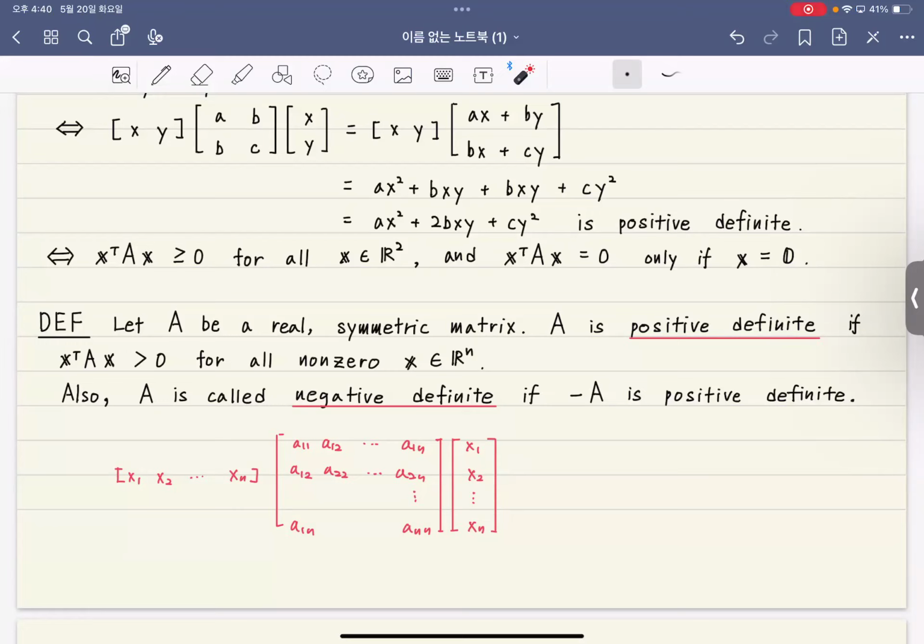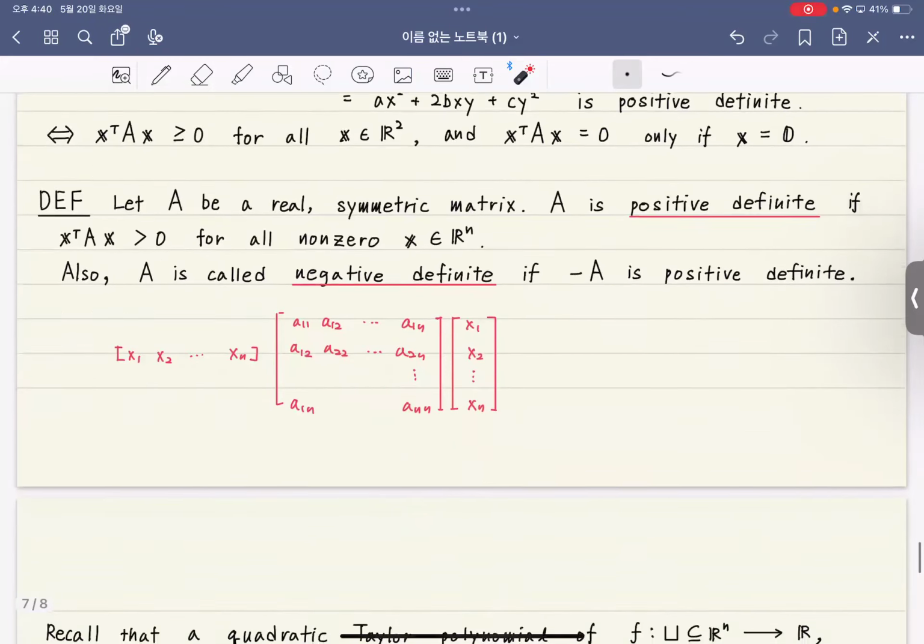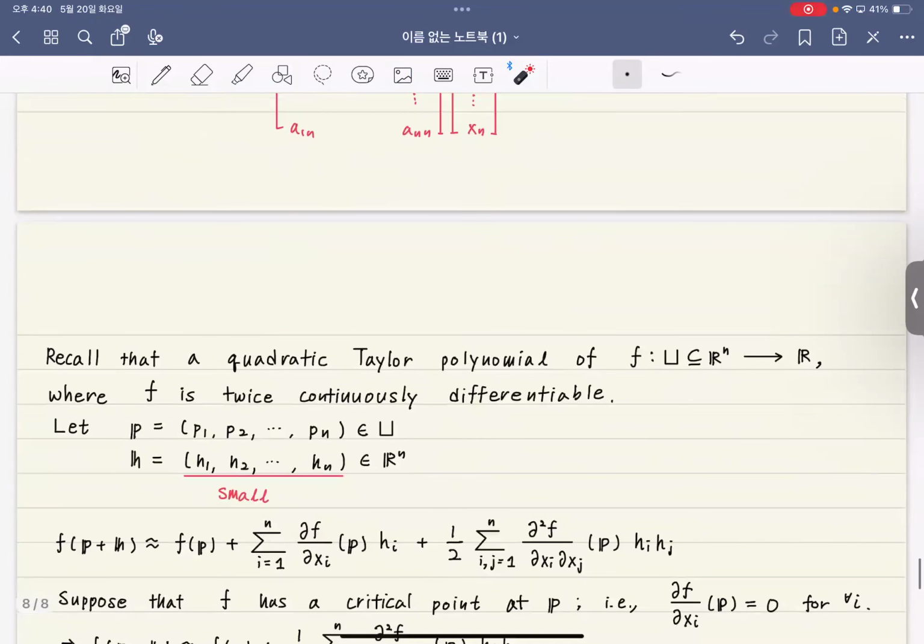A quadratic polynomial of n variables can be associated to this n by n real symmetric matrix. Okay. And so therefore, we can discuss the positive definiteness or negative definiteness of any real symmetric matrix.